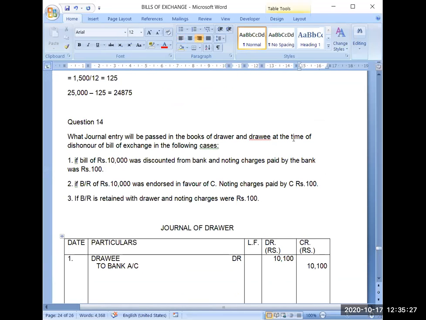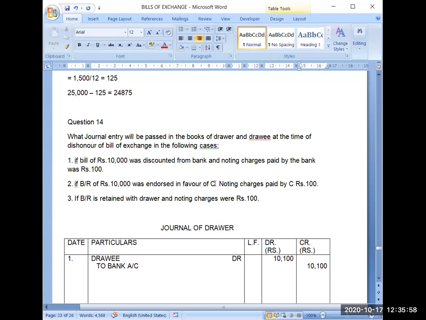Now see next case. Next is if bills receivable of rupees 10,000 was endorsed in favor of C and noting charges paid by C rupees 100. Now if the bill was endorsed in favor of C, then the bill was transferred to C, and now C has got this liability that he has to present the bill on the due date before drawee for payment.